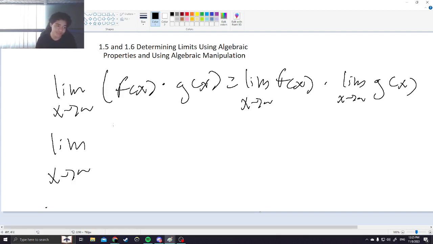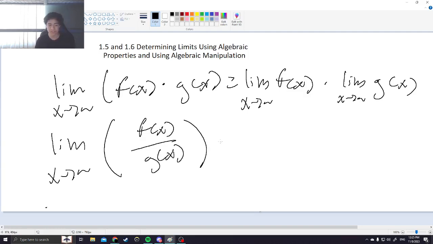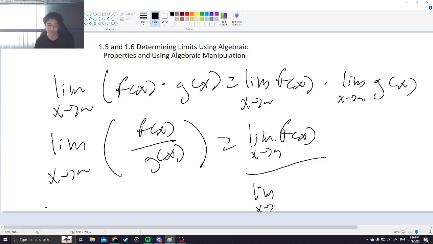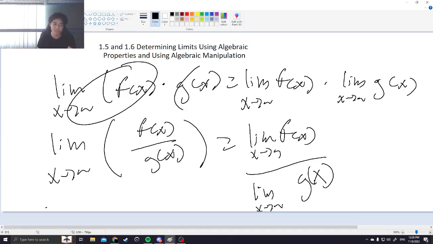Same thing true for division. If you have f of x over g of x, it's the same thing as limit f of x approaching a over the limit x approaching a of g of x. So you're going to want to solve the limit first before you do any of the operations. So you're going to want to solve the first limit, solve the second limit, and then multiply them together instead of trying to do multiplication and then finding limits.